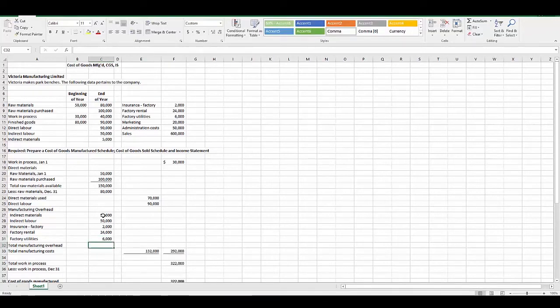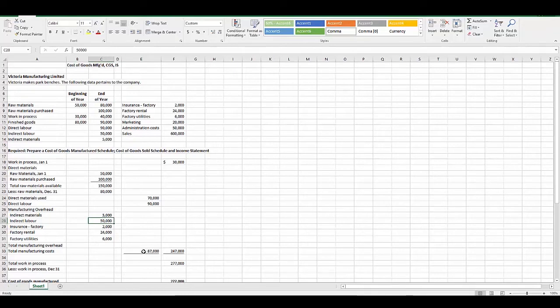So now we have identified all of the cost, and we made a little data entry error right here. So instead of 50,000, this should have been 5,000 right here. So now you have all of your costs listed here, all of your indirect overhead, and that is adding up to $87,000.